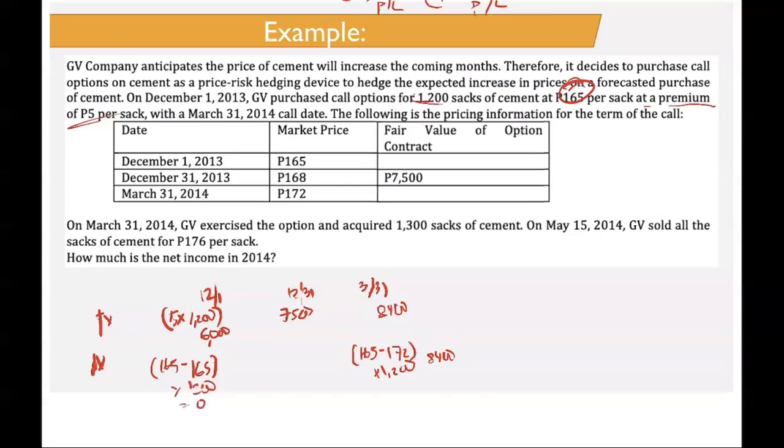So this is 0. On December 31, 165 versus 168, that's 3 times 1,200, 3,600.